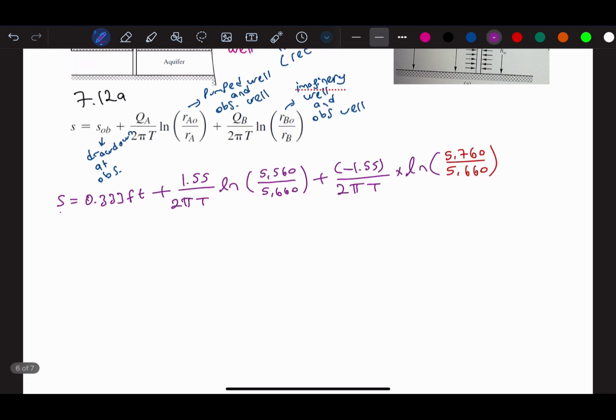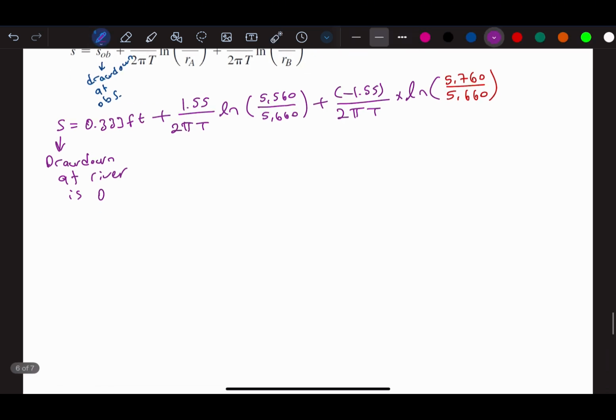And finally, we have this value, and it is assumed as 0. This means that the drawdown at the river is 0. So the only unknown, which is T, or in other words, the transmissibility, can be calculated from this equation, and T will be equal to 0.0262 square feet per second.